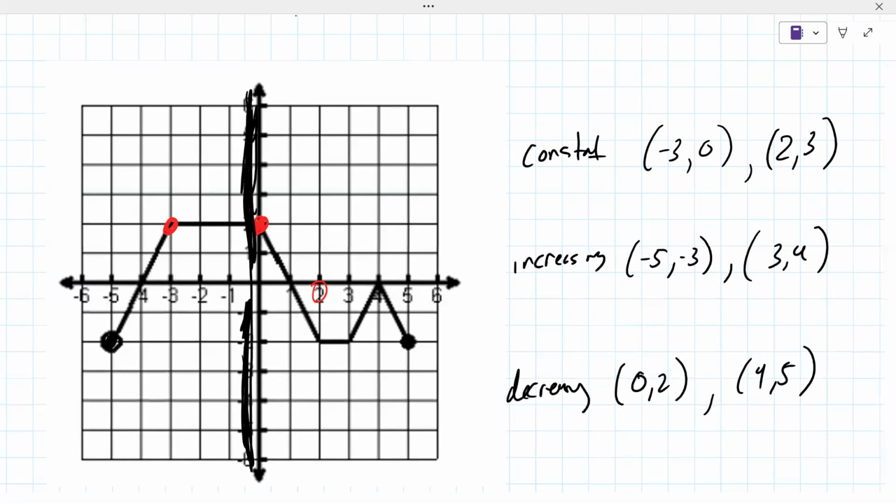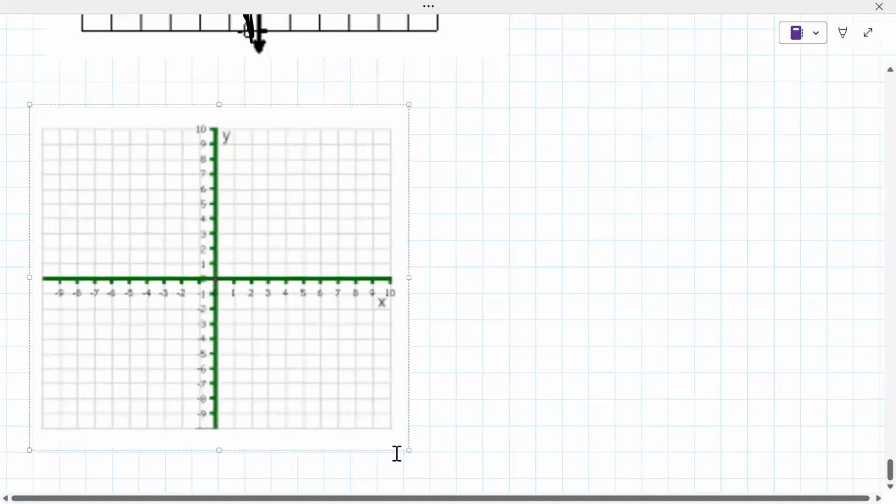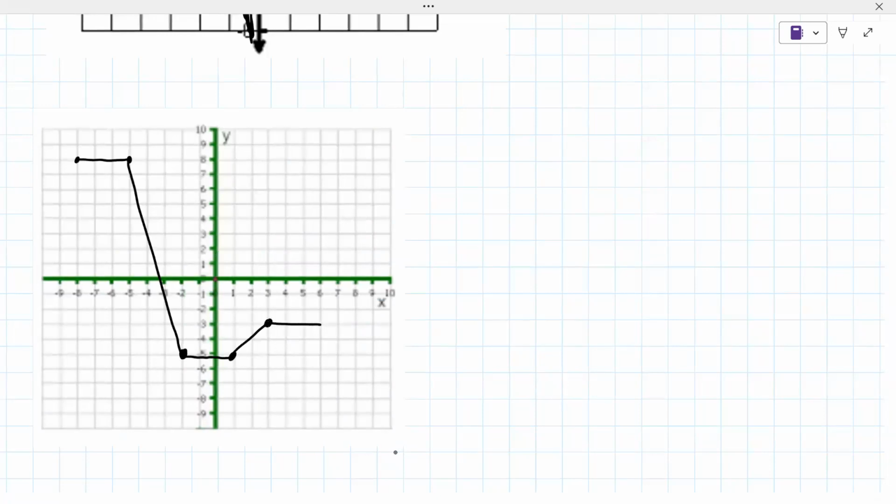Very, very good. Okay. Let me give you one more of those to try, and then we'll figure out something else to work on. Okay.